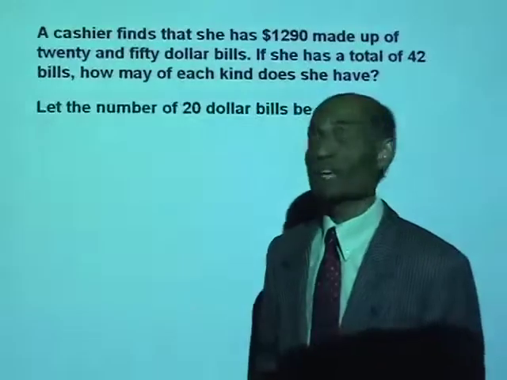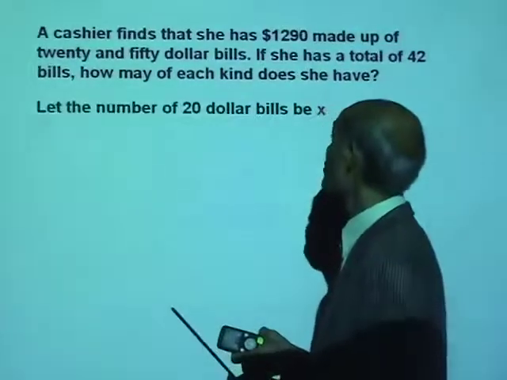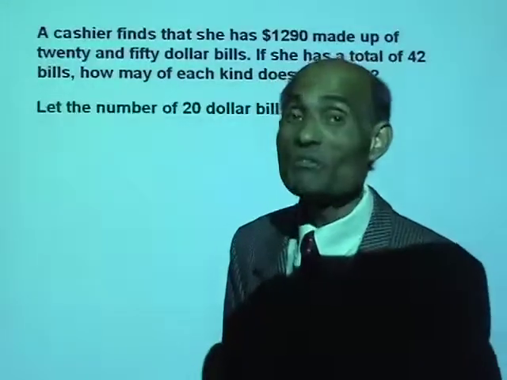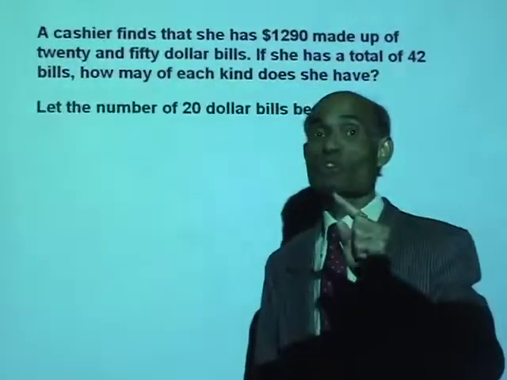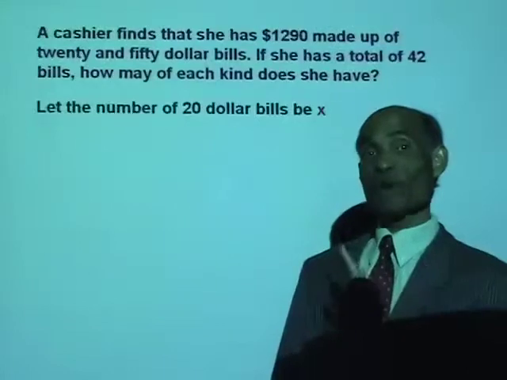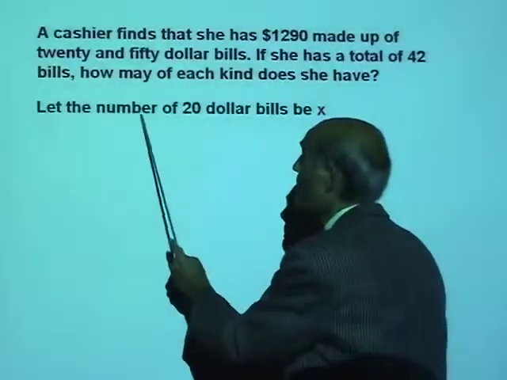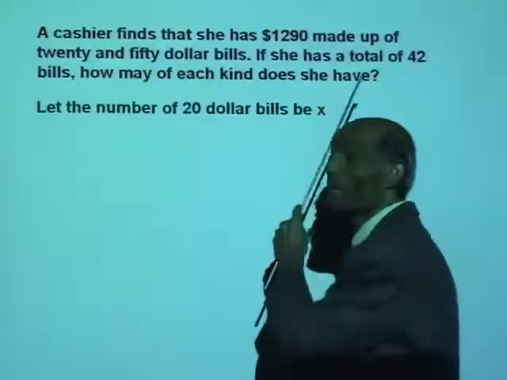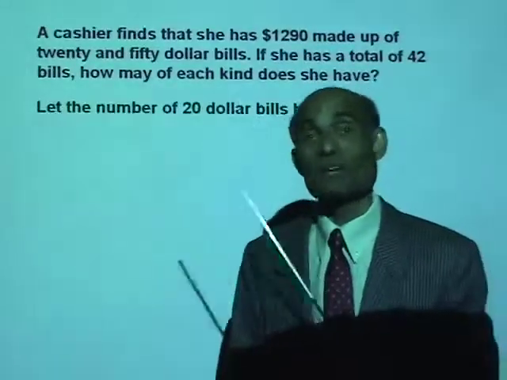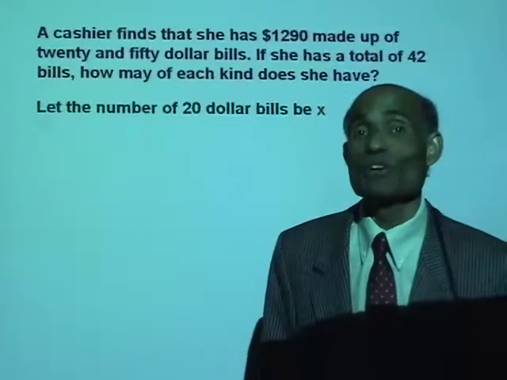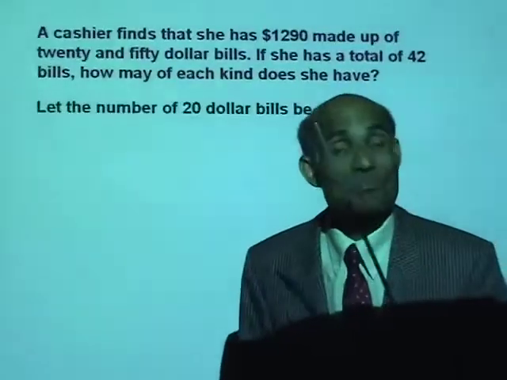We start by saying let the number of $20 bills be x. We need to find the number of $20 bills and the number of $50 bills. Now, if x is the number of $20 bills, then how many $50 bills are there?